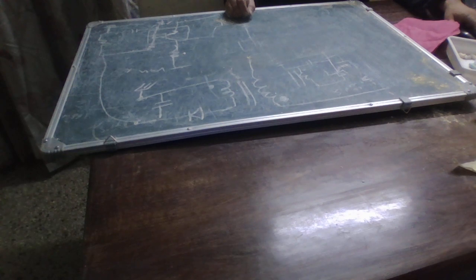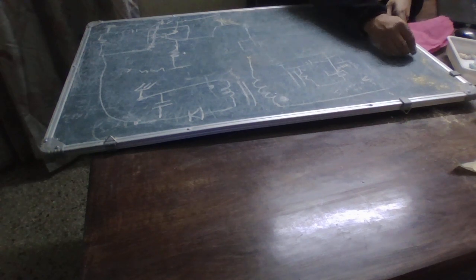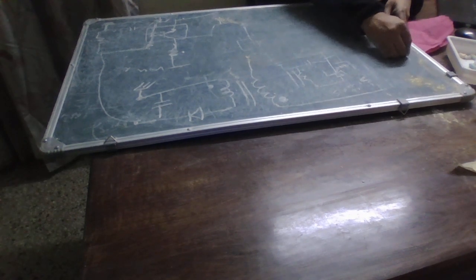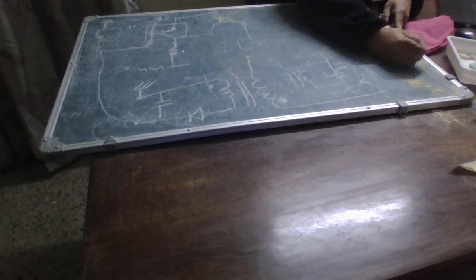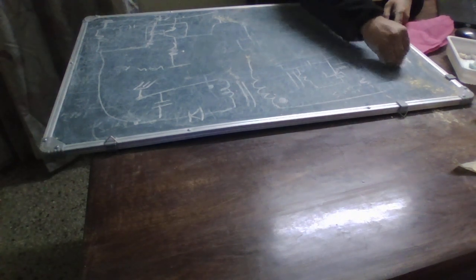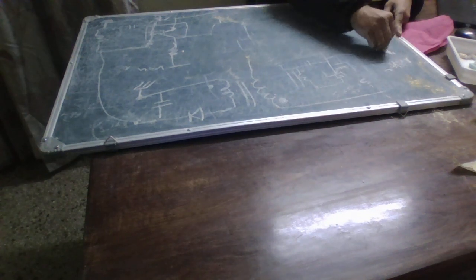Now we want to calculate the primary winding ripple current, and we also want the primary winding peak current. One we need is the ripple current, I ripple. The other we need is the peak current.